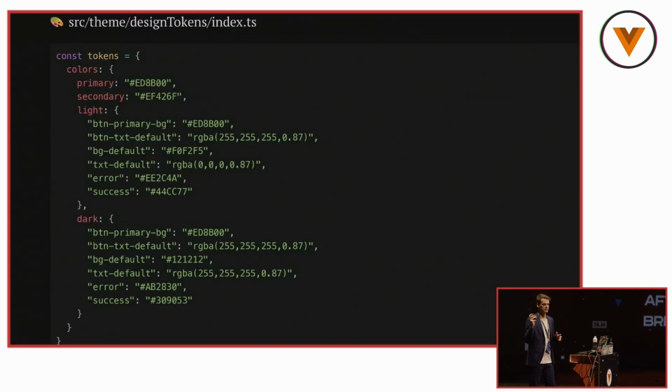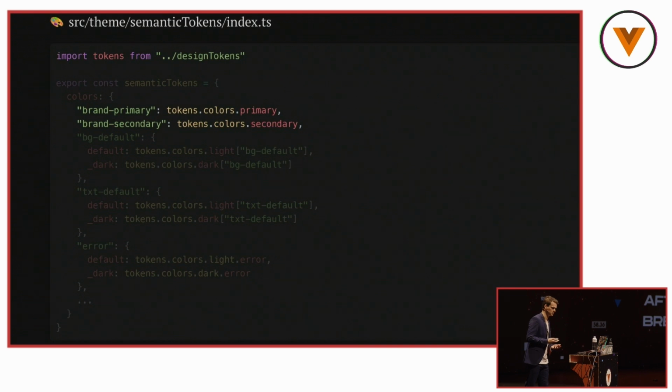So first thing I want to go back to is our design tokens, so you can remember them. We have some tokens with the same name under light and dark, with just a different value. And we're going to merge those two into one semantic token. So in our design system, we import those design tokens, and then we create a semantic token. We have some simple ones like the brand primary, which just has one value, the default value.